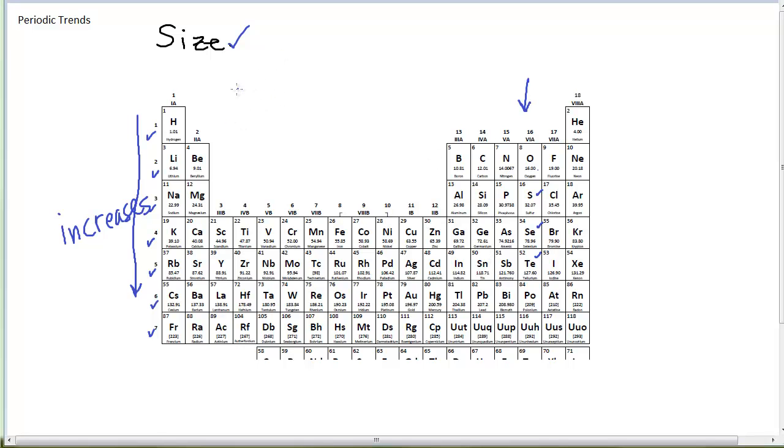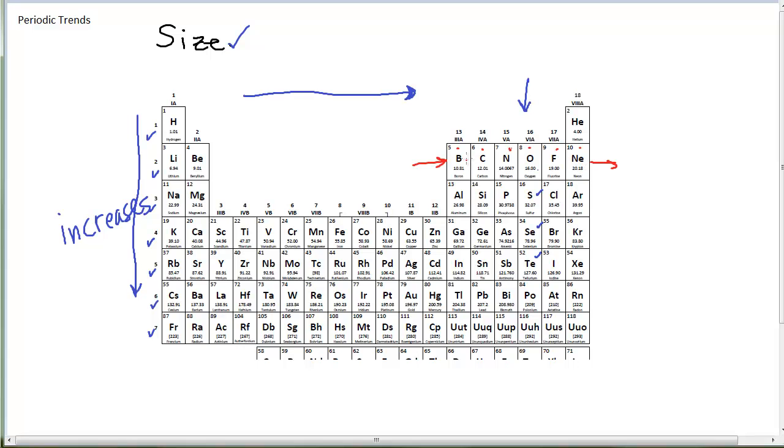Alright, next let's look at what happens as I consider the size as I move left to right on the periodic table. This one is not so obvious. If I focus, for example, on the elements from boron to neon, what's happening is I am putting one more electron than the previous atom in each of these atoms, but that electron is going into exactly the same subshell as the one before it.